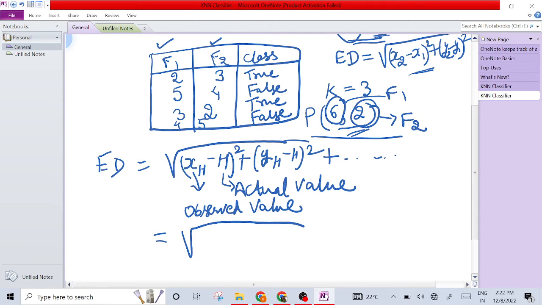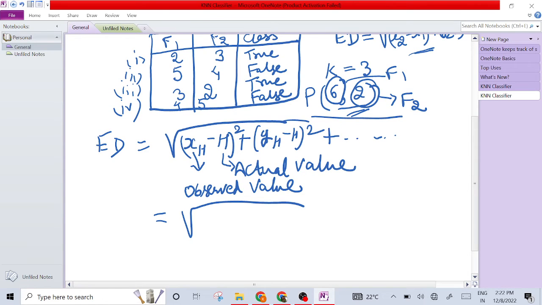Now we have to calculate the Euclidean distance for all these points. There are 4 samples, so we have to calculate the distance to all these points. For data point 1, we take observed 6 minus actual 2.